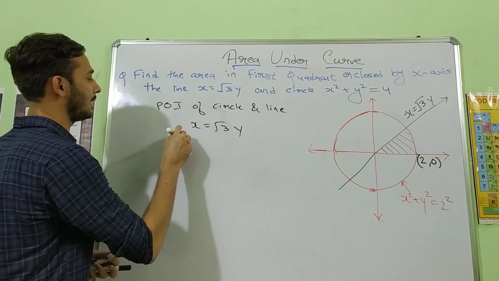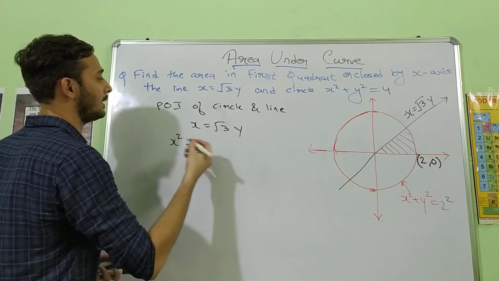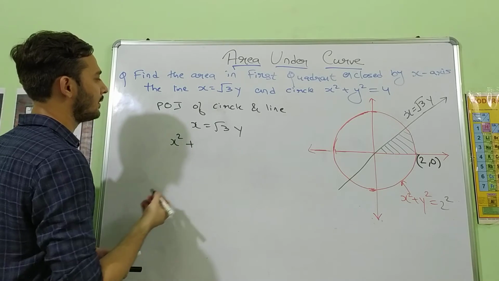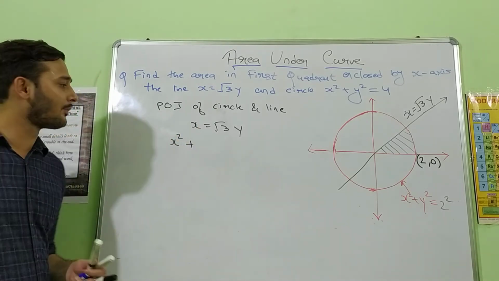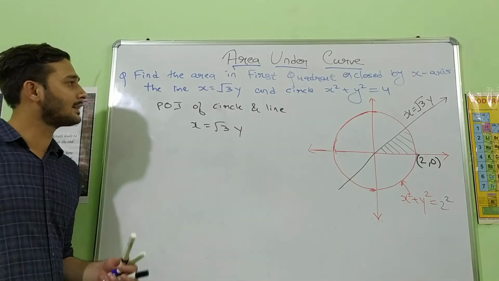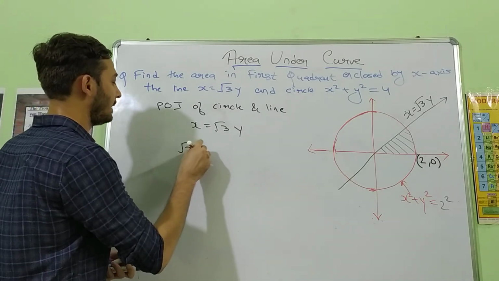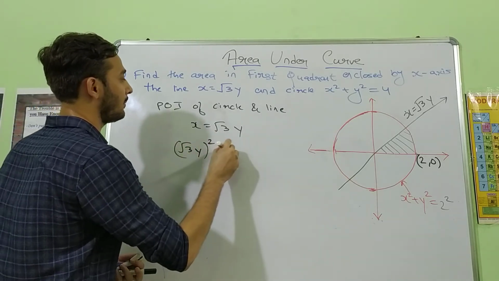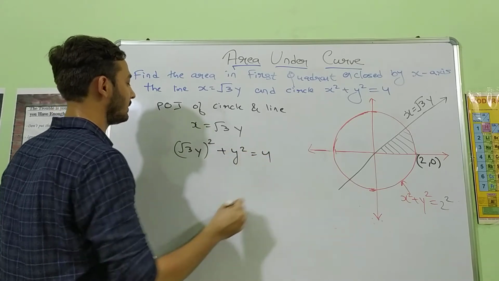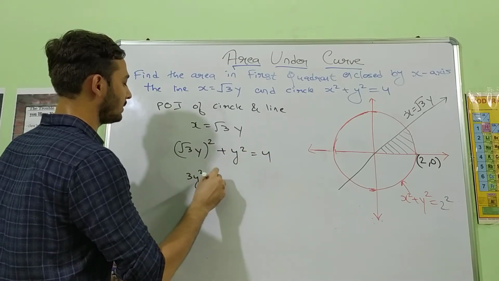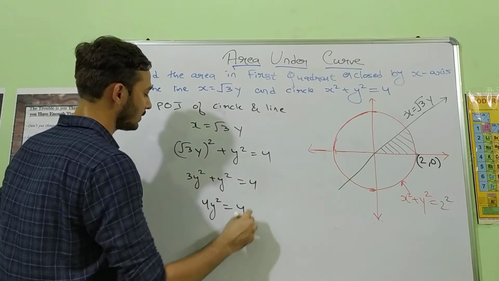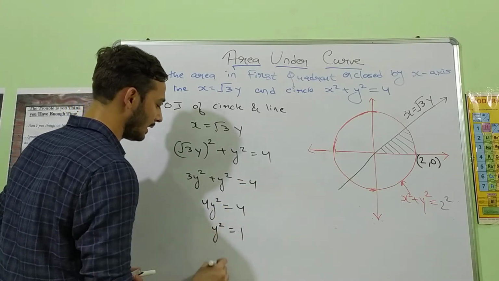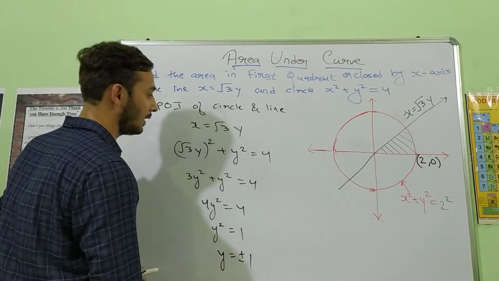Put it in the circle x square plus y square equal to 4. So (root 3 y) square plus y square equal to 4, that is 3y square plus y square equal to 4. 4y square is 4, so y square will be 1, so y will be plus minus 1.